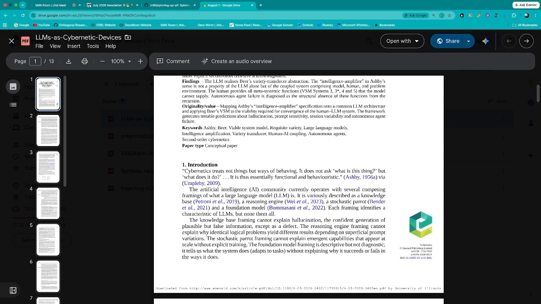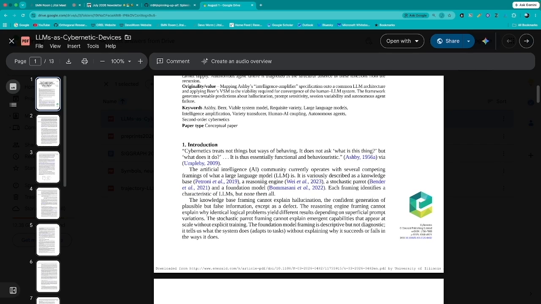And that's a quote from both Ashby in 1956 and Umpleby in 2009. So it's talking about the role of cybernetics. It's not about identification, it's about function. And so that's where we start, with the usefulness of cybernetics here.